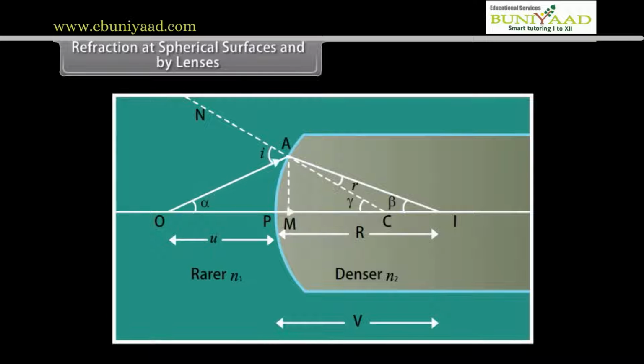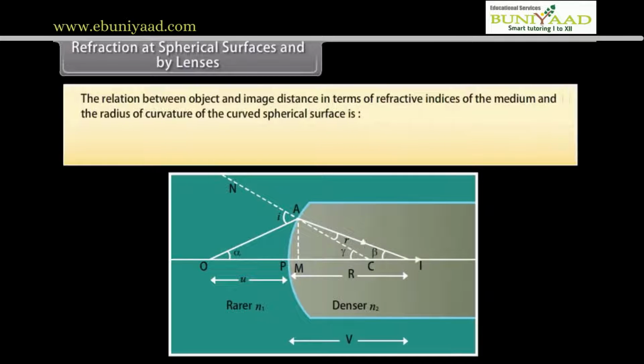The two refracted rays meet at I, which is the real image of point object O. The relation between object and image distance in terms of refractive indices of the medium and the radius of curvature of the curved spherical surface is N2/V - N1/U = (N2 - N1)/R.